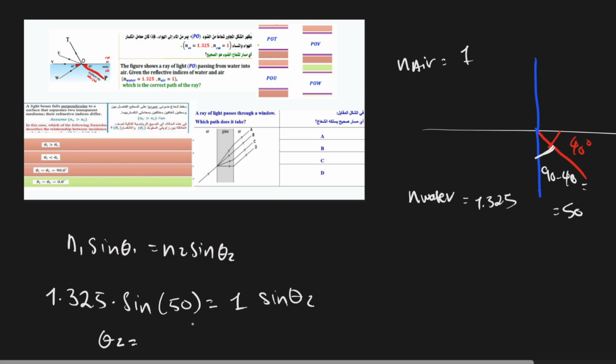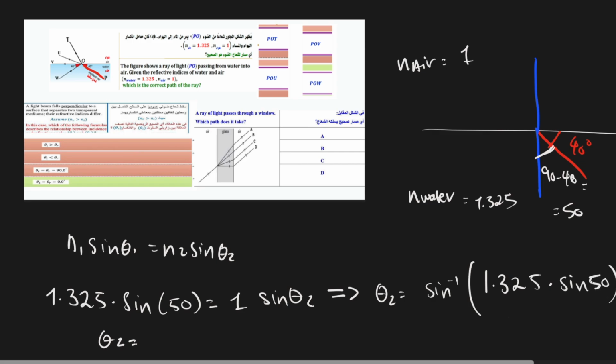The calculator takes time, and the reason is that it is not rearranged properly. What I recommend is to rearrange it. So theta 2 is going to be sine inverse of 1.325 times sine 50.